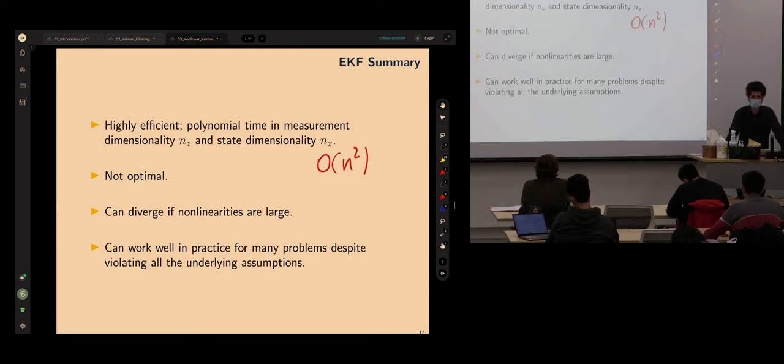Is there a way to characterize the error between the nonlinear system and your linear approximation? The question is, is there a way to characterize maybe some bounds or some relationship between the error and the filter performance?